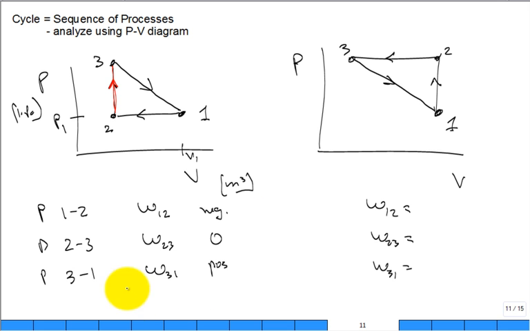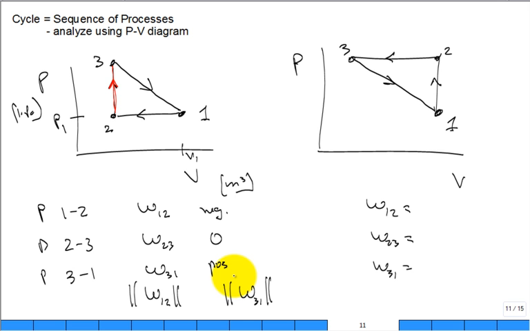Compare the magnitude of work 1 to 2 to the magnitude of the work 3 to 1. Is that the right symbols for magnitude? I take the absolute value of the work 1 to 2 and compare its magnitude to the work 3 to 1.